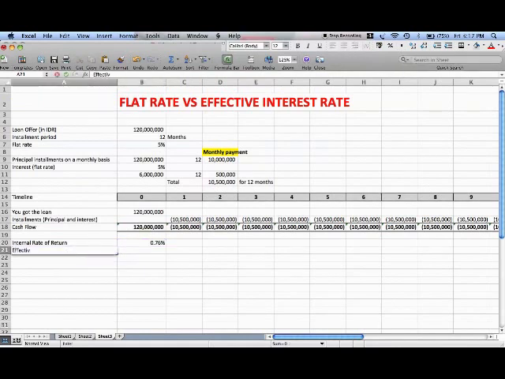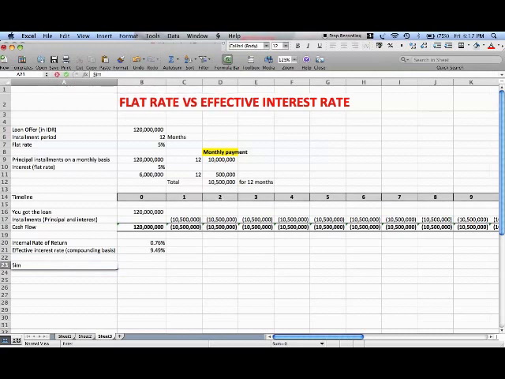For the effective interest rate, this is on a compounding basis. So you just take 1 plus this percentage, to the power of 12, because this is 12 months, and then you minus 1, so it is 9.49%. This is the effective rate.